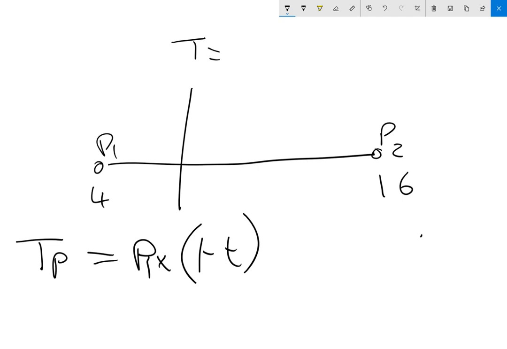The reason it's 1 minus t is because when t is 0, we want 1 minus 0, which is 1, so P1 times 1. When t is 0.5, 1 minus 0.5 is 0.5, so we have P1 times 0.5. And when t is 1, 1 minus 1 is 0, so P1 times 0 is 0.